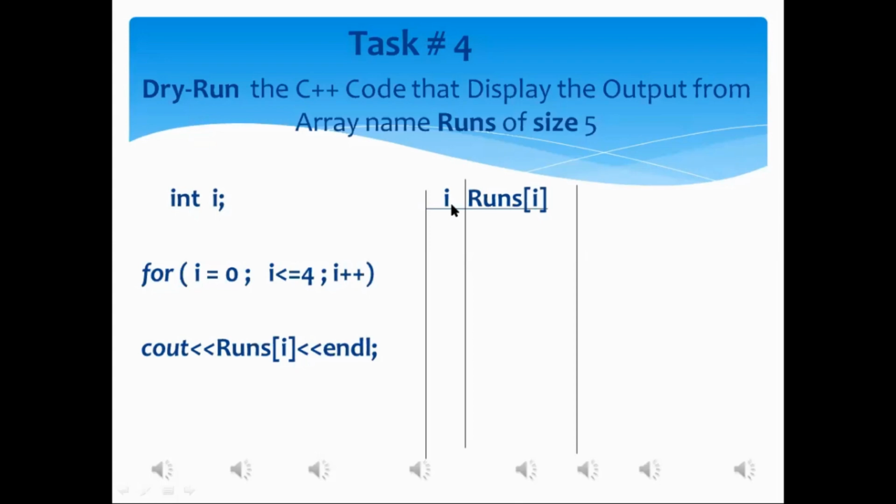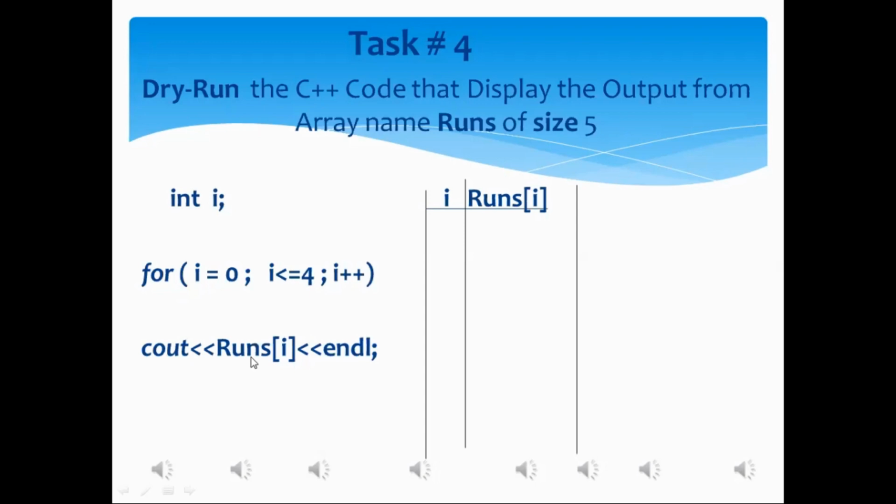And the second column is runs within square bracket I. We use this column for the result of the for loop associated statement, which is the address we have specified in that statement, whatever the address is in each iteration.